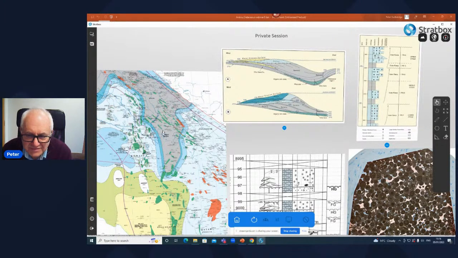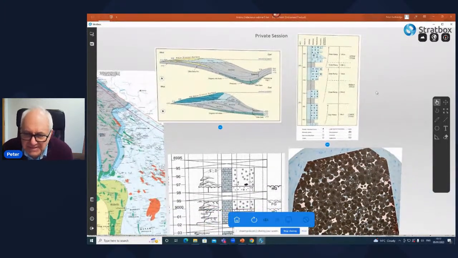So the sequence of maps there just represents the K20 sequence, and this shows how these reservoir systems stack up from the K10 sedimentary sequence, K20, K30, and these distributions can be mapped throughout these separate sedimentary sequences.